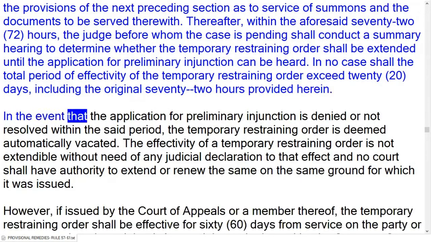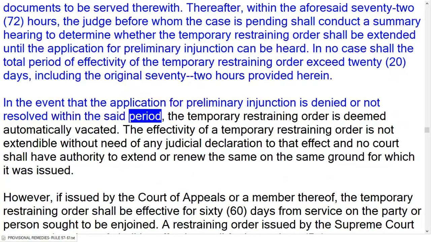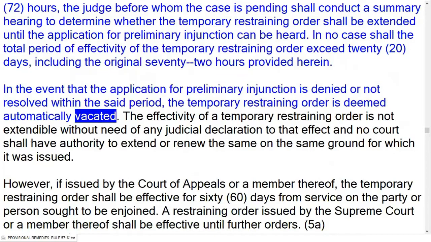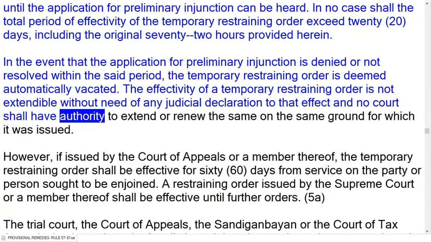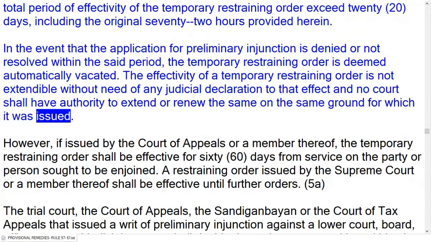In the event that the application for preliminary injunction is denied or not resolved within the said period, the temporary restraining order is deemed automatically vacated. The effectivity of a temporary restraining order is not extendible without need of any judicial declaration to that effect, and no court shall have authority to extend or renew the same on the same ground for which it was issued.